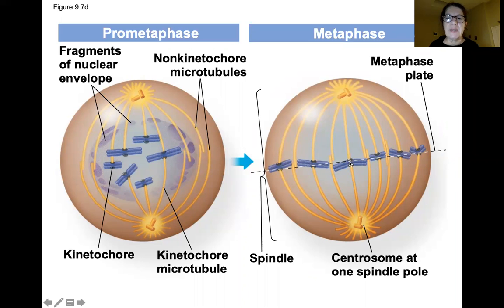In metaphase, the spindle fibers attach like hooks to the kinetochore of the sister chromatids and pull them in opposite directions. This spindle will pull towards itself and this spindle will pull towards itself. But the sister chromatids do not separate because there is a glue that holds them together.